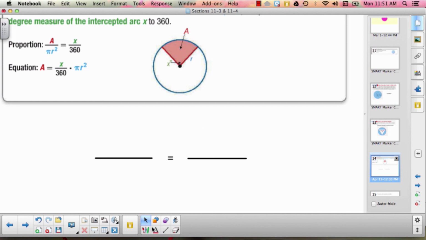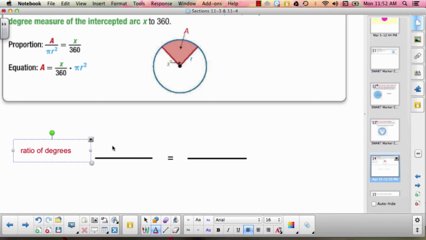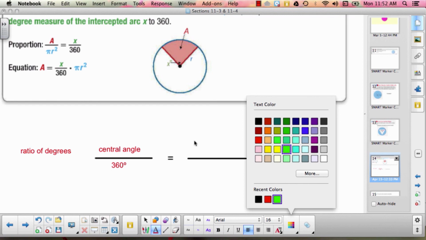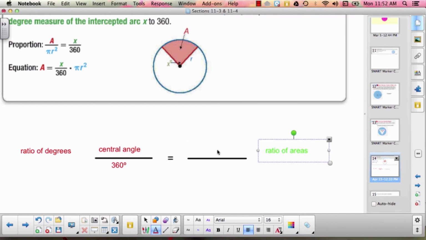So over here, we're going to do a ratio of degrees. So on top, we have the central angle, and then on bottom, we have the degrees of the circle, which are always going to be 360. Then we have our ratio of areas. So on top, we're going to have the area of our sector, and on bottom, we'll have the area of our circle, which remember is pi r squared.